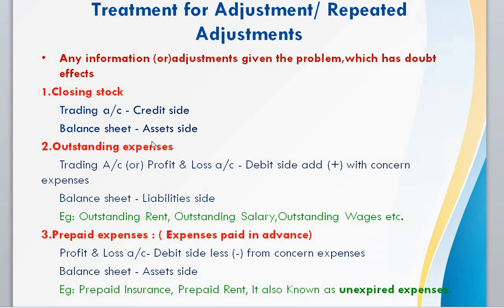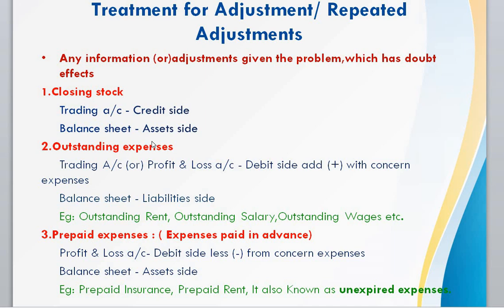The first one, closing stock. The closing stock will appear at trading account credit side and balance sheet asset side. Then second one, outstanding expenses. Outstanding expenses are nothing but such expenses that are yet to be paid. For example, outstanding rent, outstanding salary, outstanding wages.